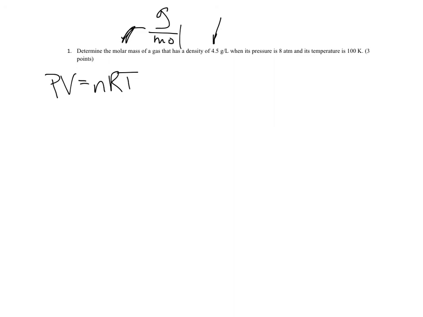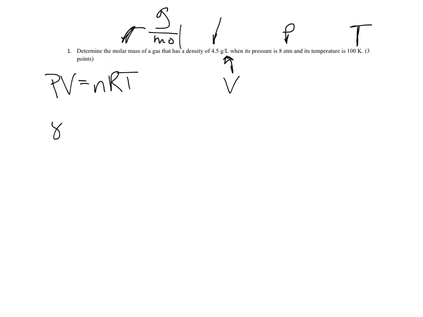Well, do I have the information I need here? I've got a pressure, I've got a temperature, and I don't have a volume specifically, but it says it's 4.5 grams per 1 liter. That's what that means. So I'll use 1 liter as my volume.